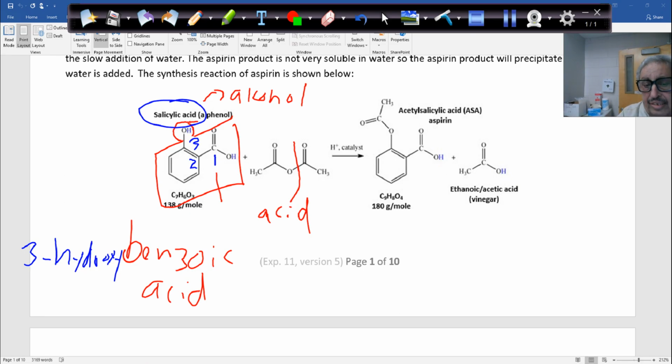The anhydride, this acetic acid anhydride: you have 2 molecules of acetic acid, you pop out of them 1 H2O to get this anhydride. So you have 2 acetic acid, correct?